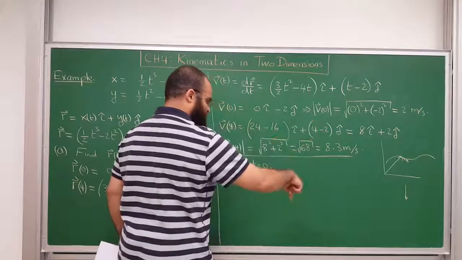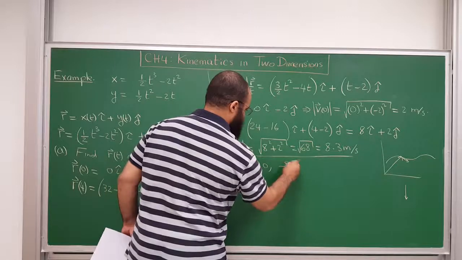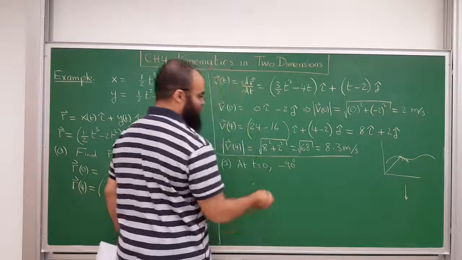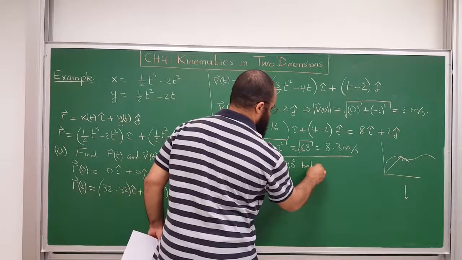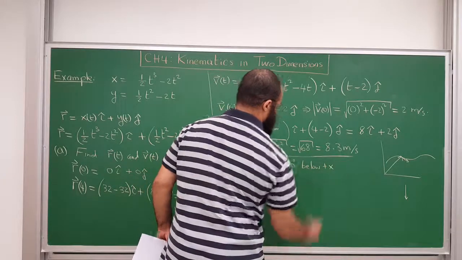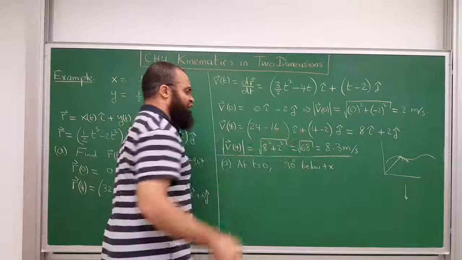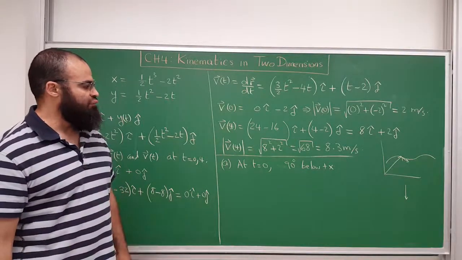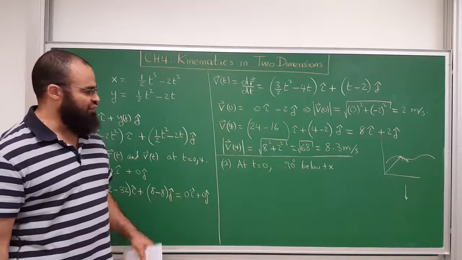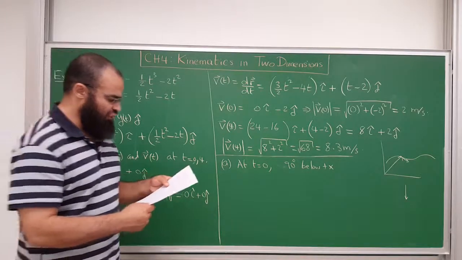So that's the direction of motion. So it's at negative 90 degrees, 90 degrees below the positive x-axis. Or you can say it's at 270 degrees from the positive x-axis, or negative 90 degrees. All of them would be correct.